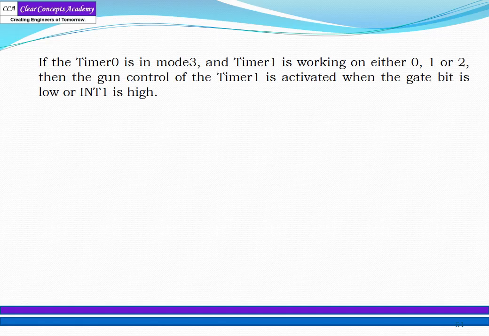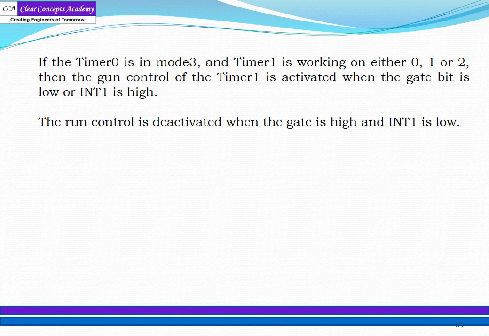If timer 0 is in mode 3 and timer 1 is working in either mode 0, 1 or 2, then the run control of timer 1 is activated when the gate bit is low or INT1 is high. The run control is deactivated when the gate is high and INT1 is low. INT1 is low means the interrupt has been cleared.